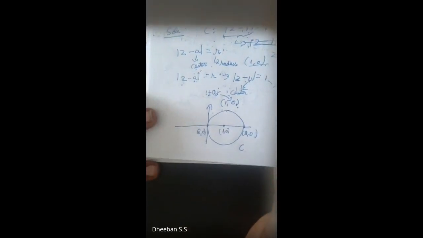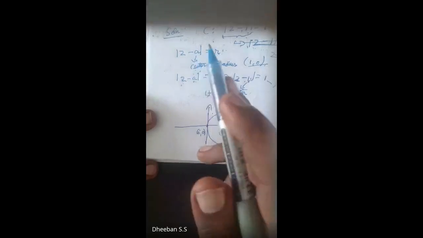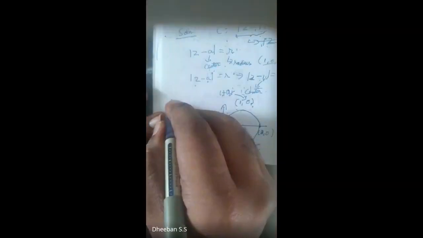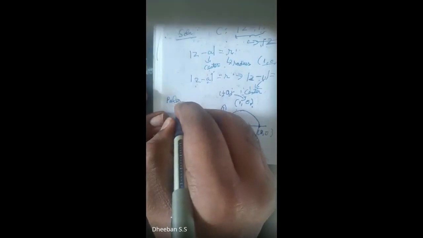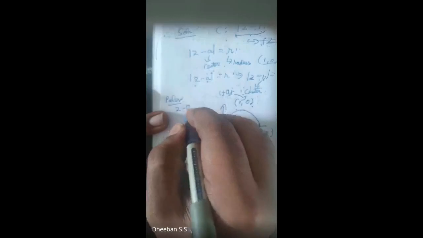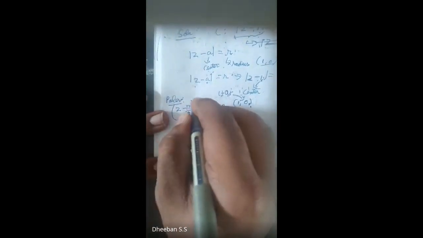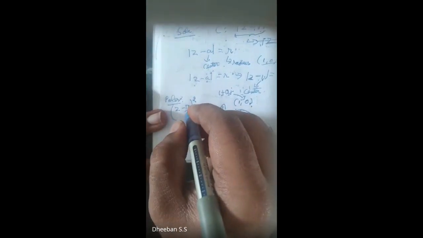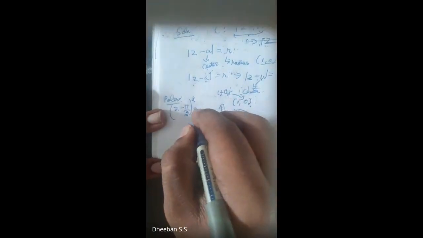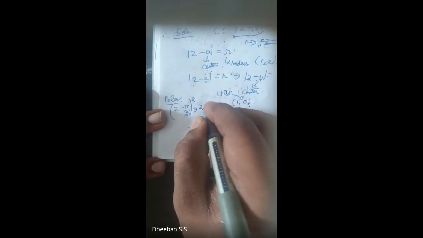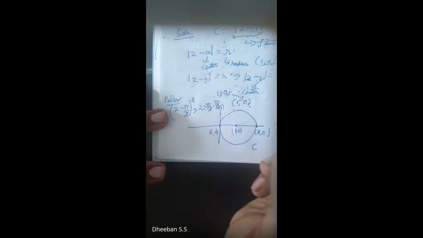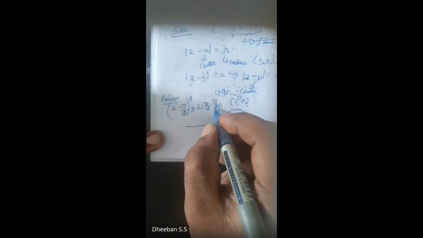Next, with respect to your poles. As I said, your poles are the values at your denominator. So the pole is z minus pi by 2 the whole square, which you can put as z minus pi by 2 into z minus pi by 2. So your z will take the value z equal to pi by 2, pi by 2. This is the value of your poles.